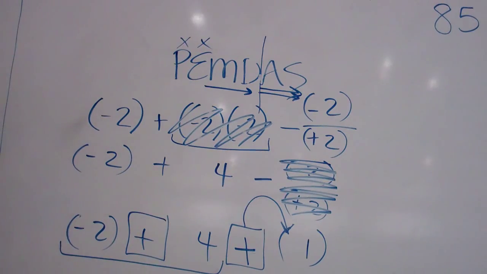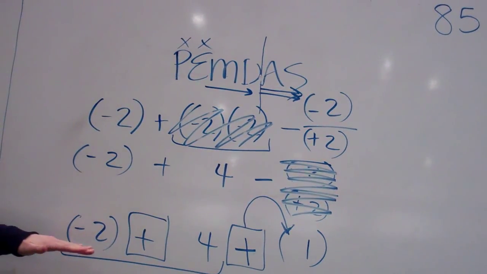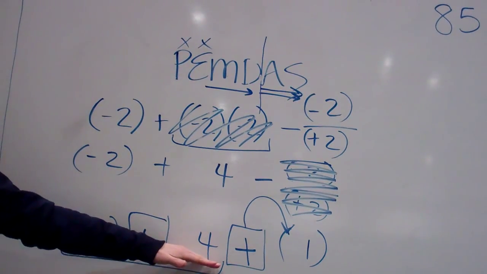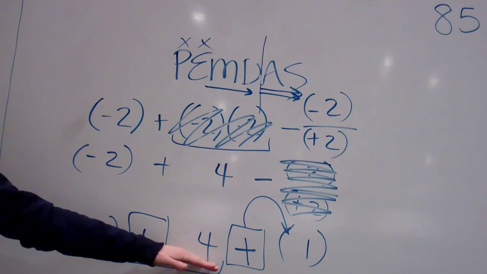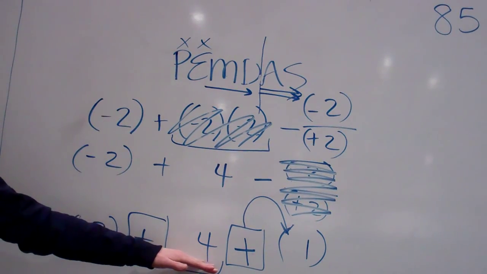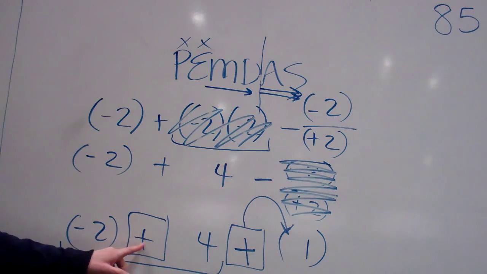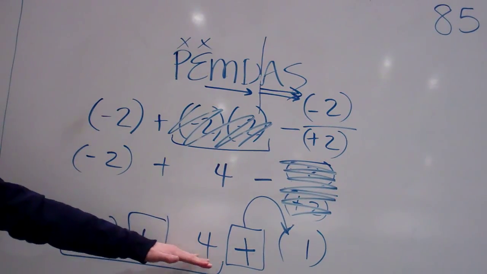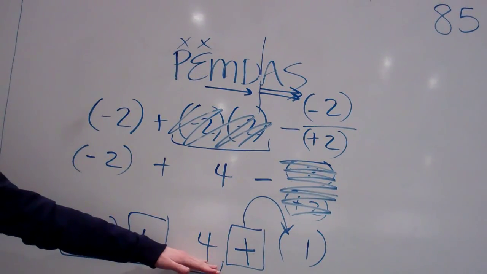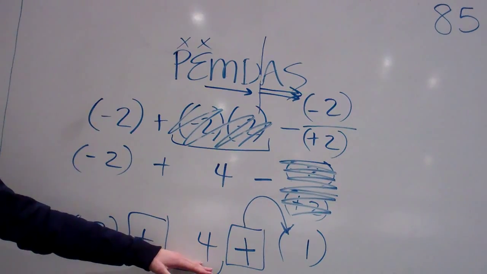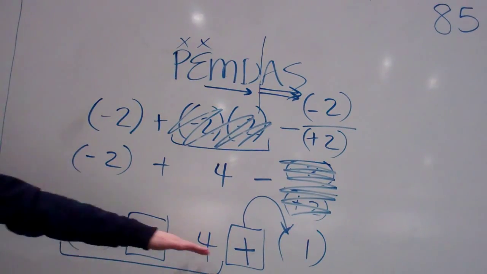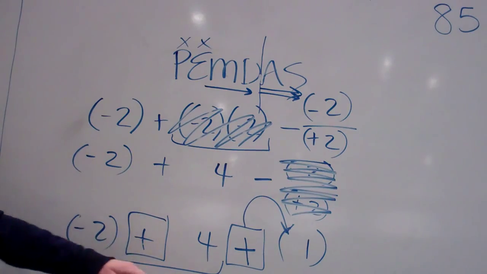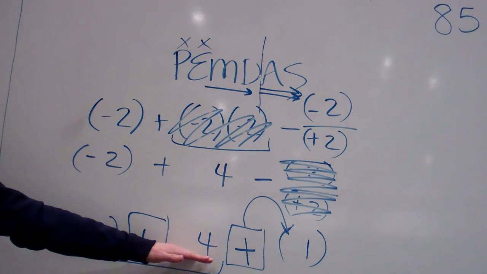Now, you have to go back to your rules of adding signed numbers. If I have a negative and a positive, what do I do? Even though it tells me to add, the rule is that I subtract 2 and 4 and I take the sign of the biggest number. Everybody remember that rule? So if I subtract 2 from 4, I'm going to get 2. And what sign am I going to take? The positive.